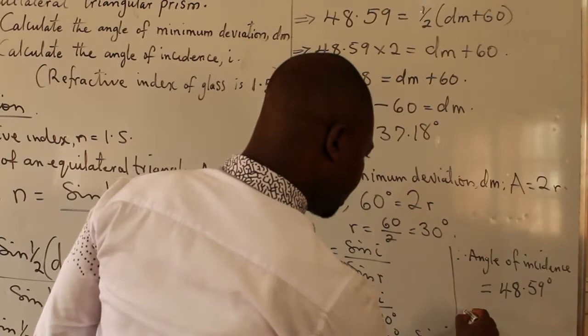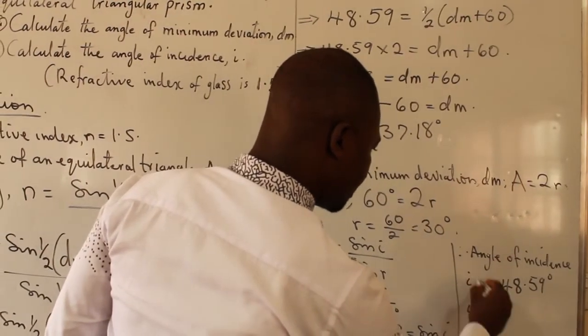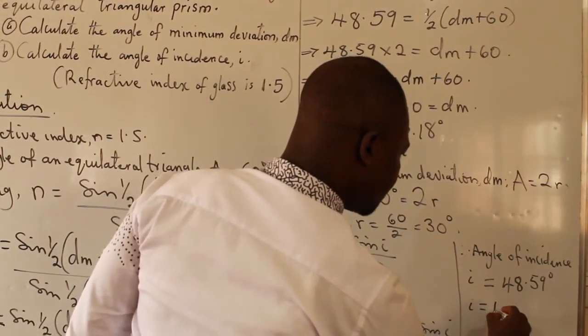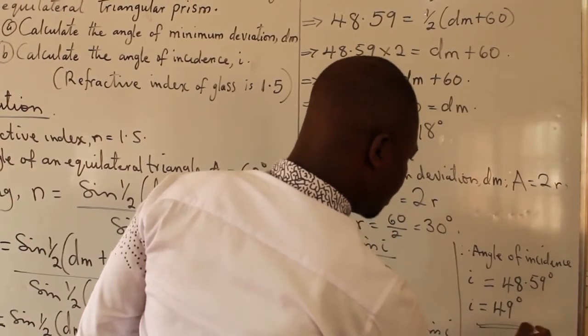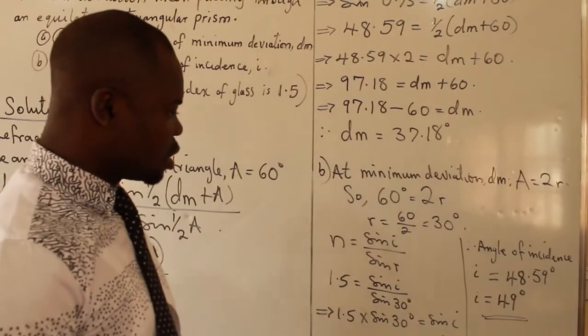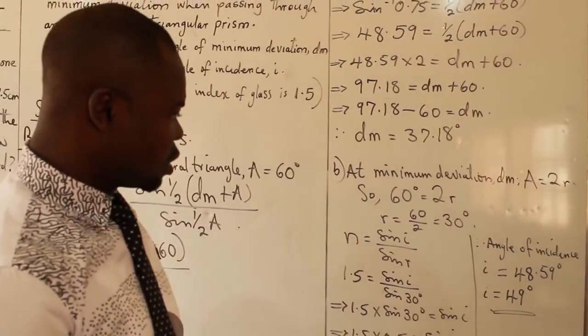Approximately you can say i equals 49 degrees. Angle of incidence equals 49 degrees.